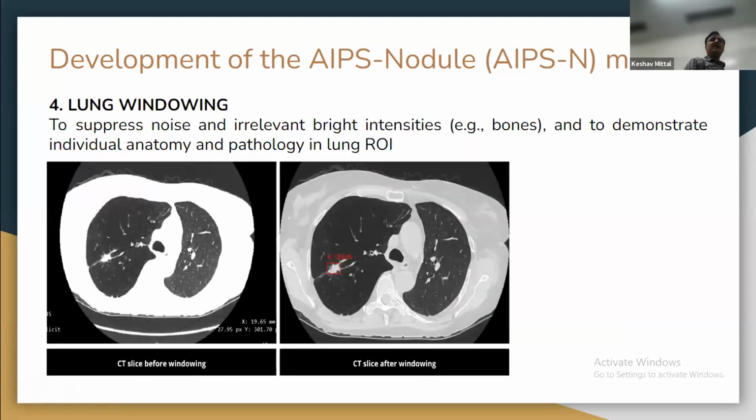Then what I did, I applied a technique called windowing.